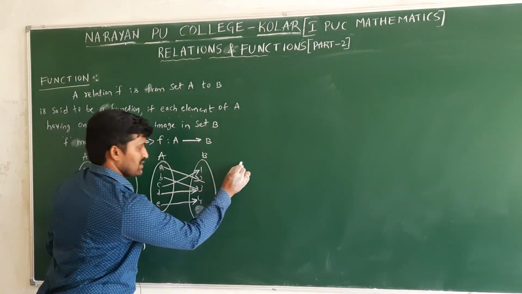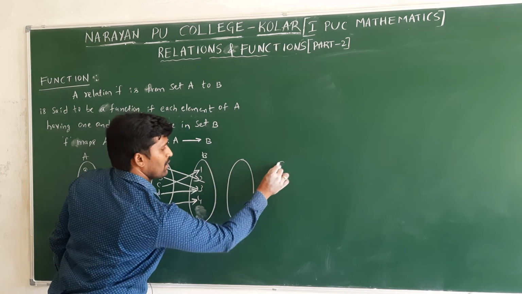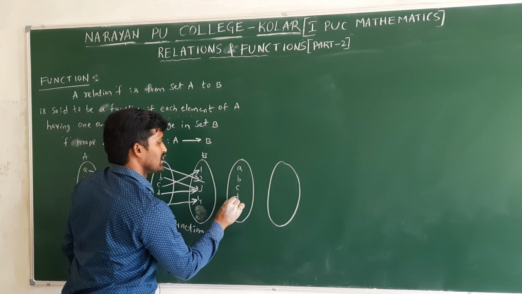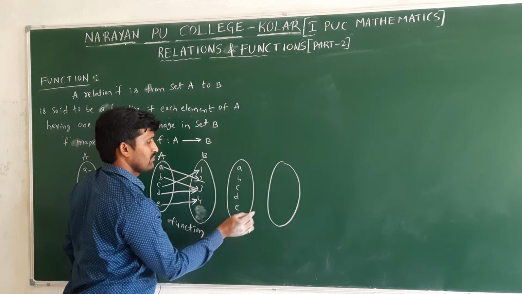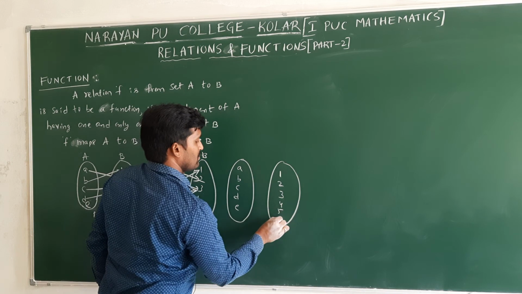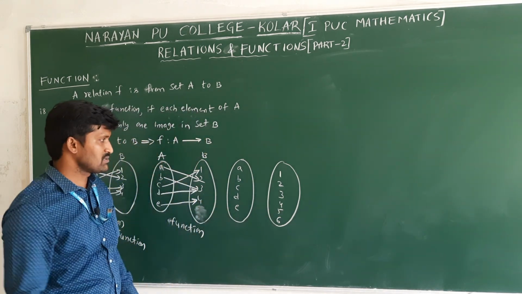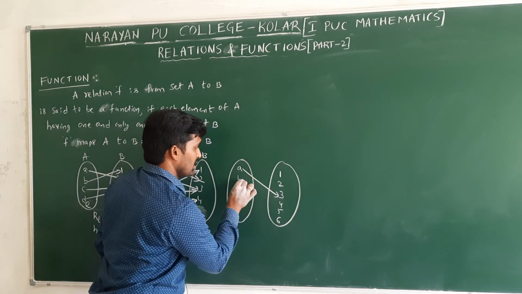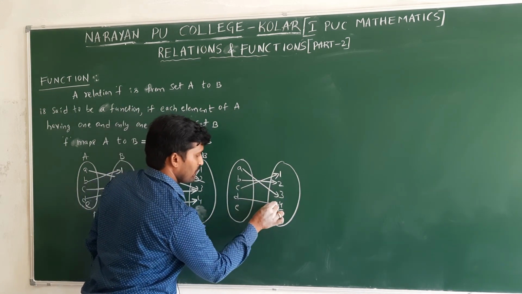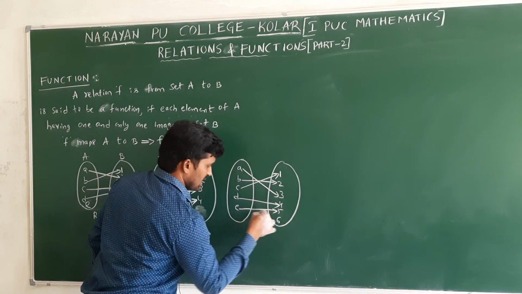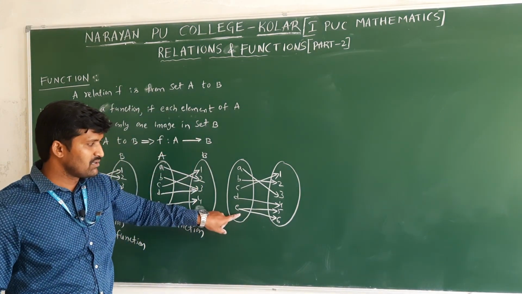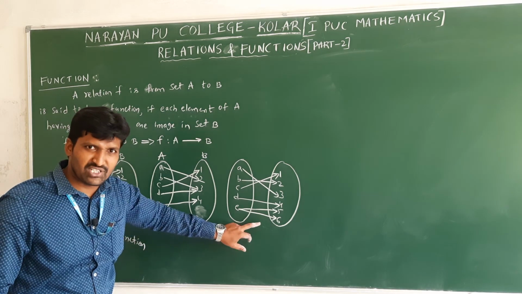And I will take one more example. A, B, C, D, E and 5, 6. A to 3, B to 2, C to 1, D to 4, E to 5 and 6. Is it a relation? Yes, it is a relation. Is it a function?